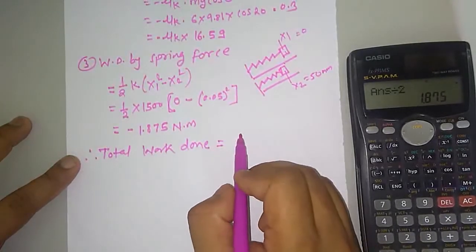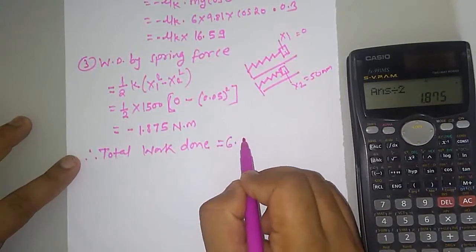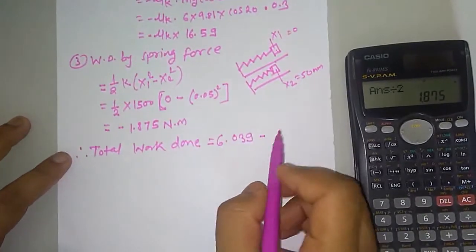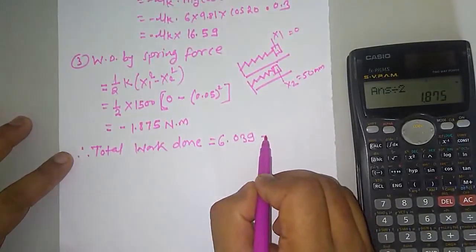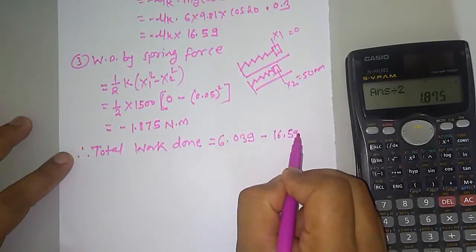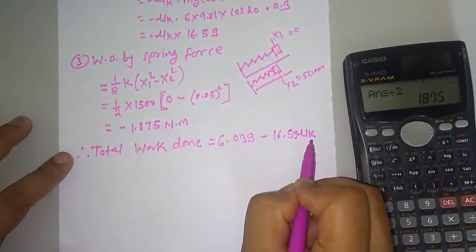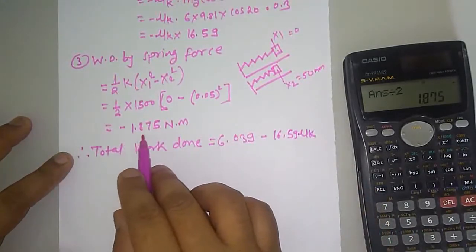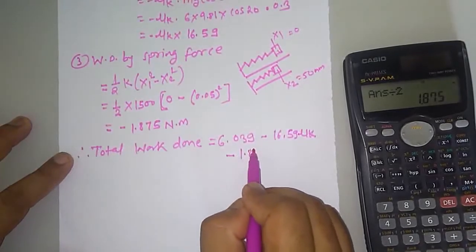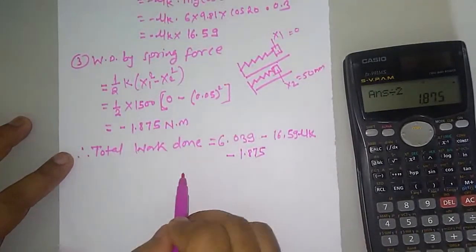So the work done by the gravity force is 6.039, minus work done by the frictional force, it is minus 16.59 mu k, and work done by the spring force is minus 1.875.